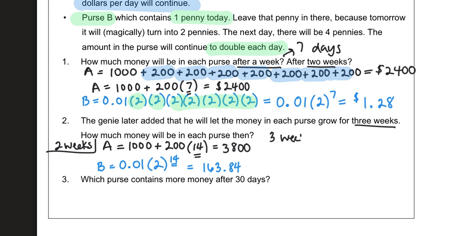And then after 3 weeks, for purse A, we would have 1,000 plus 200 times 21, because there's 21 days in 3 weeks, and that gives us 5,200.